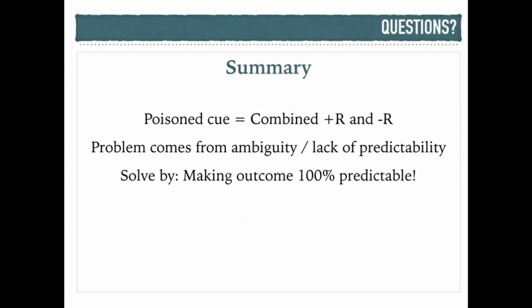And we solve this by giving them predictability, which sounds simple, but it can take a lot of work sometimes. And we create the predictability by either retraining the behavior with a new cue using 100% positive reinforcement methods. We can go to matching law hell and try to train things in a positive way enough times that we eventually erase the memory of the negative that was once present in the cue that we're using.